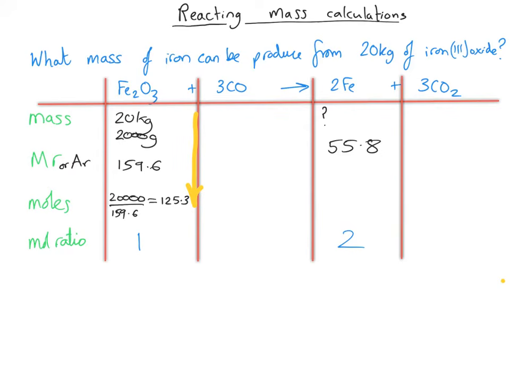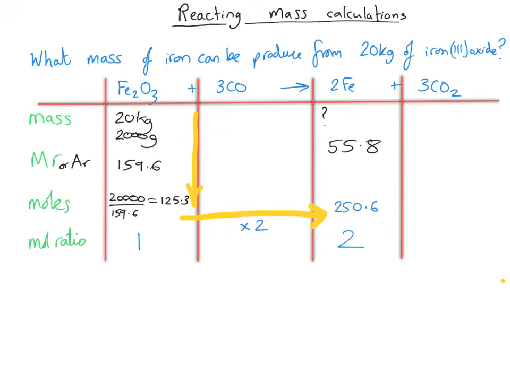And so our next job is to move sideways along here. So this is step 2, and to use that ratio and to say, okay, well, we make twice as much of our iron moles as we had of our iron oxide. So we need to multiply our 125.3 by 2, and we get 250.6 moles of iron should be produced.